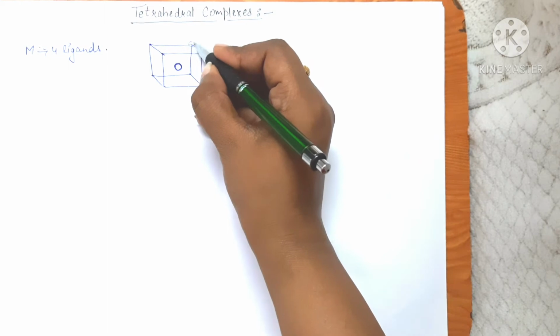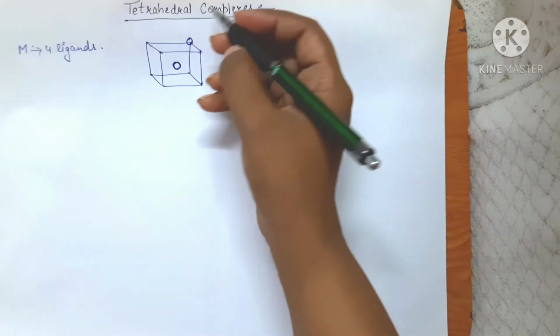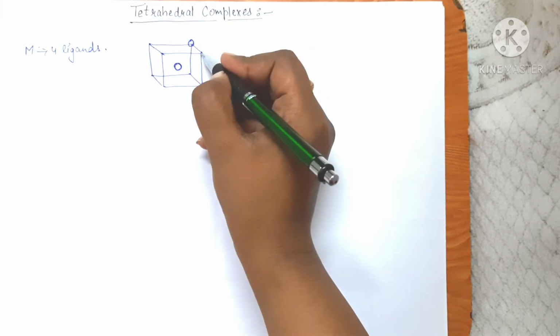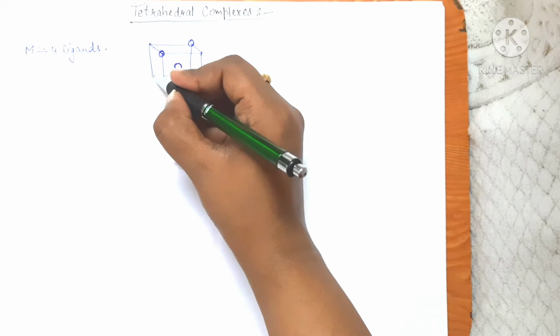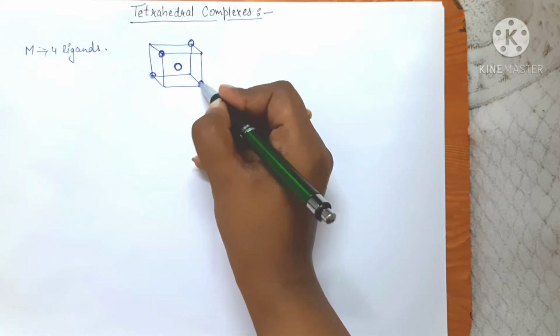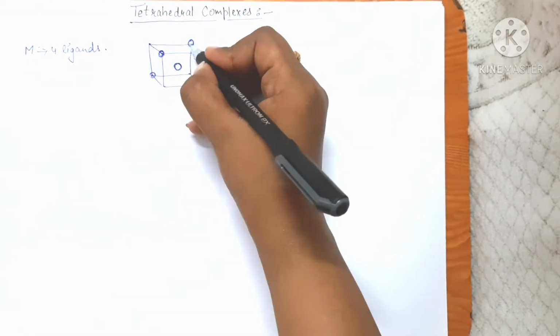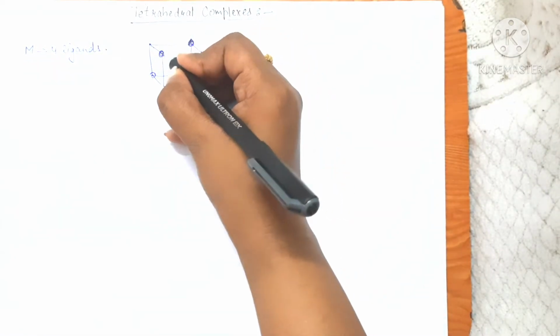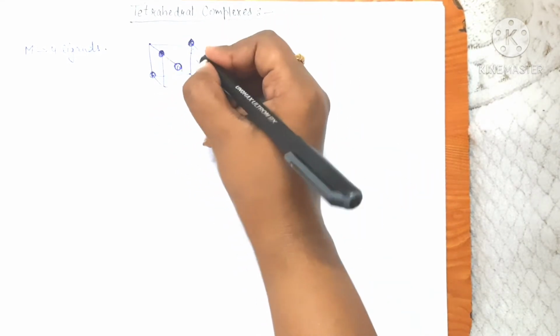So it will be on alternate lattice positions. If this is occupied, this will be unoccupied, this will be occupied, unoccupied, then occupied, unoccupied and occupied. So these are the 4 positions where ligands are going to get attached. This will be the metal.